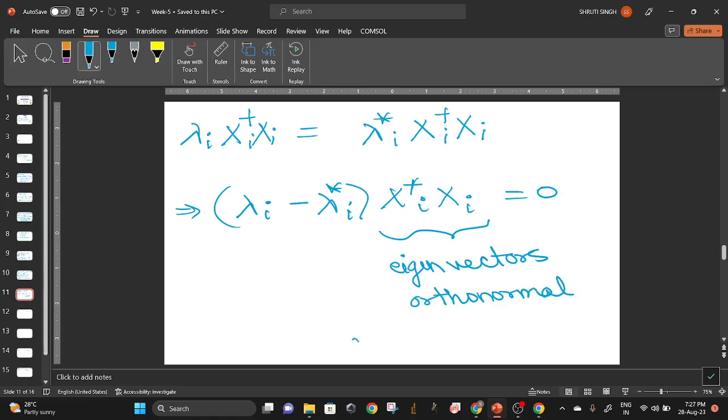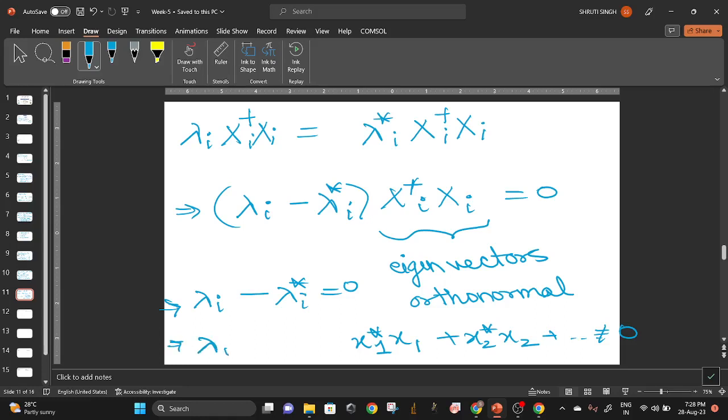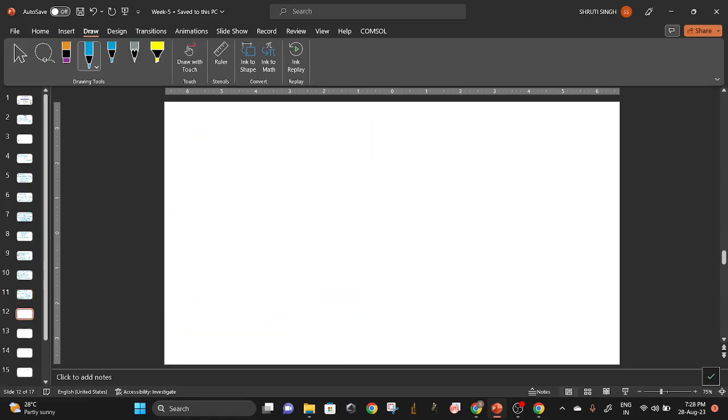So it will be like x1 star x1 plus x2 star x2 and so on. So this won't go to 0, which means that lambda I minus lambda I star goes to 0, or lambda I is equal to its complex conjugate, which means that lambda I is real.